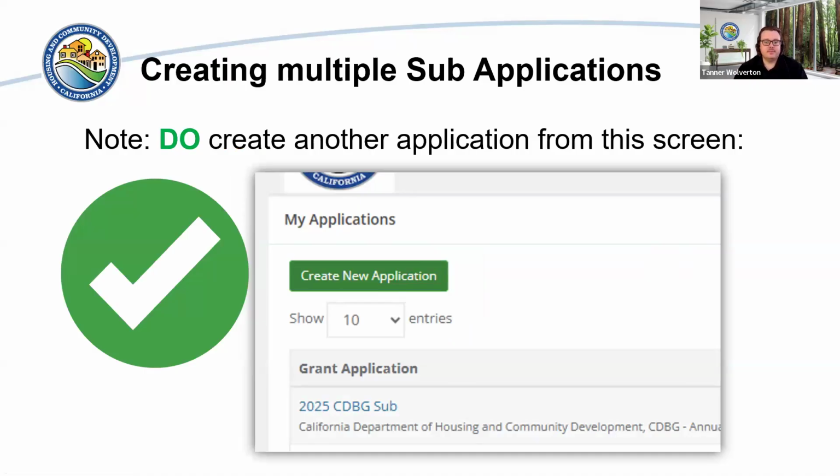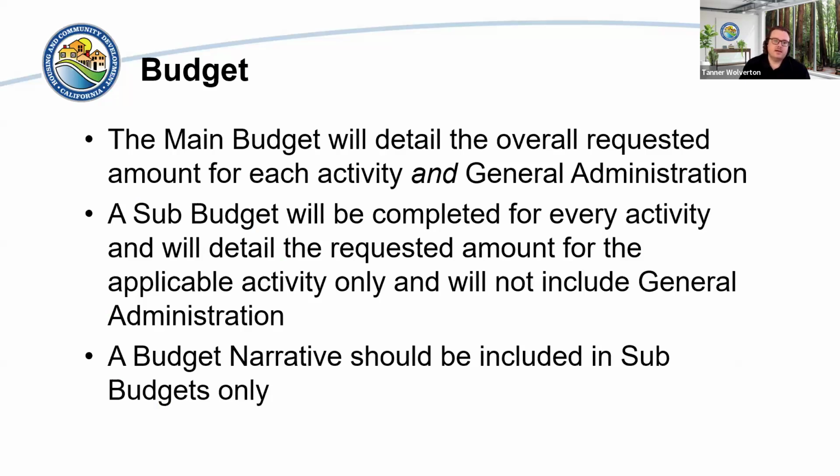Moving on to budget. So the main budget for the main application will detail all the overall requested amount for each activity or matrix code that you are applying to, as well as general administration. And then the sub budget will be completed for every activity and will detail the requested amount for just that specific activity, and will not include any other activity amounts or general administration.